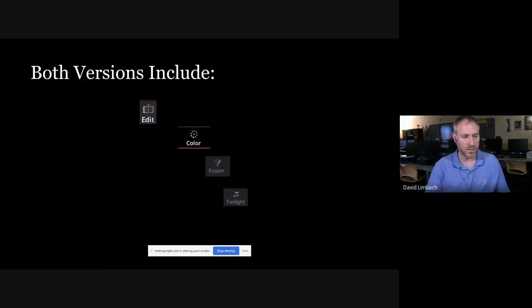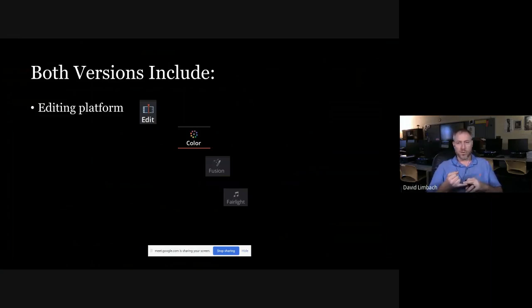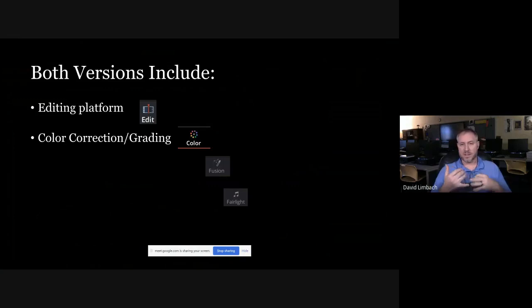All right. So like I said, there are 4 major elements to DaVinci Resolve. There are 4 tabs, so to speak. There is the edit tab, where you do a major portion of the editing of your video. Secondly, there's the color grading, as I mentioned earlier.